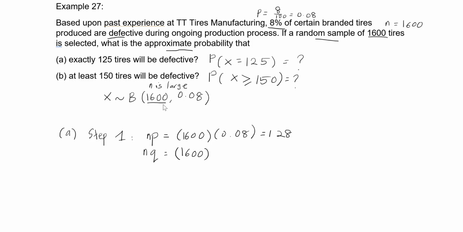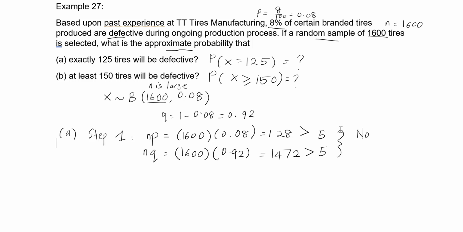Your Q is 1 minus 0.08, which is equal to 0.92. So we get 1472. So NP and NQ both are greater than 5, so we can use the normal approximation.